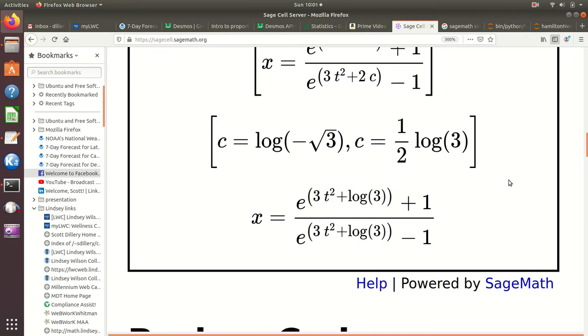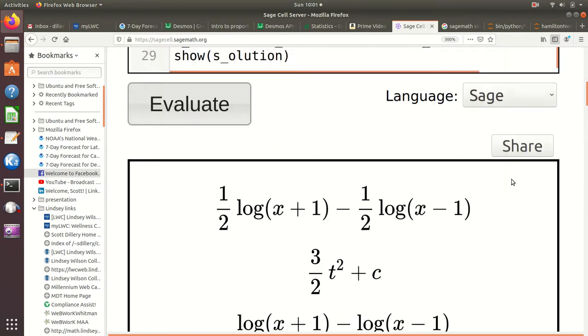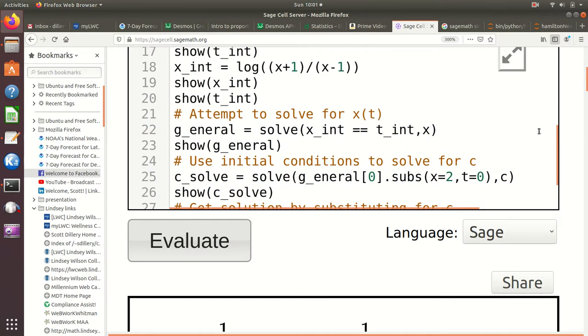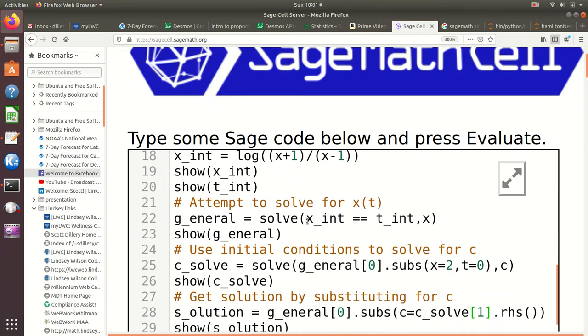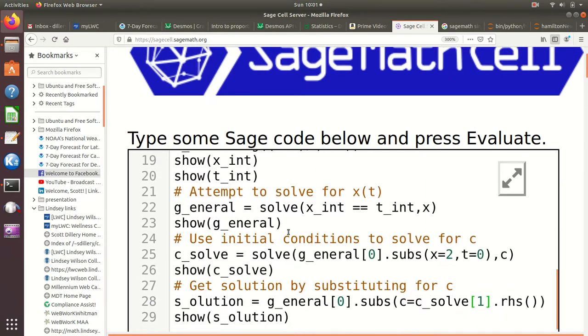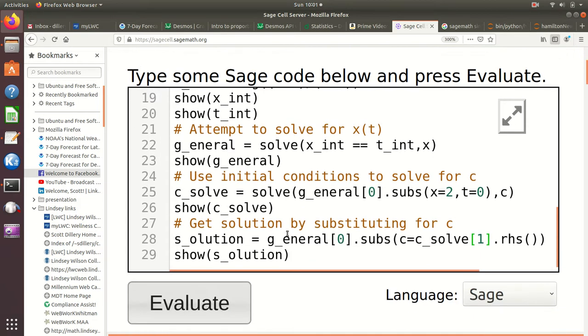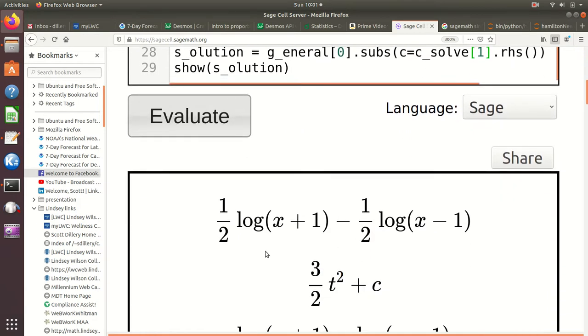And so there is a more cumbersome and complicated case using Sage. So it still helped me. I didn't have to deal with the integration. It did that for me just fine. That was great.